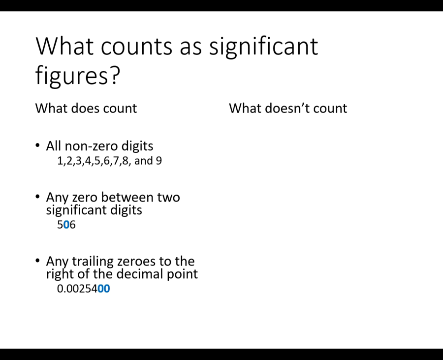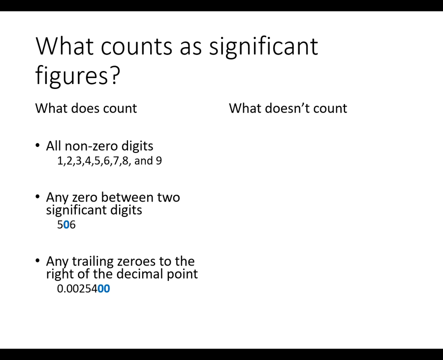The 2 zeros on the right suggest to me that my measurement is accurate to that decimal point. So that would be my tens, hundreds, thousands, 10,000s, 100,000s, millions, 10 millionths place. My measurement is accurate to the 10 millionths place, and so those 2 zeros are significant.